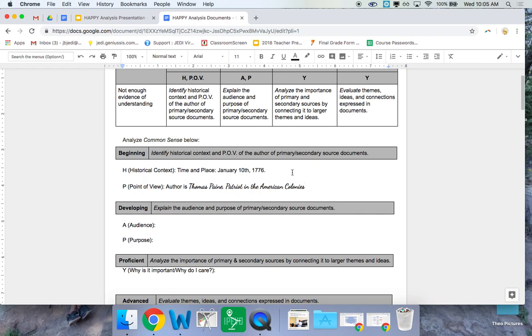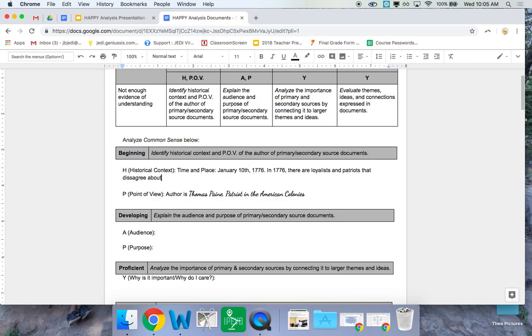To put it into historical context, I know in 1776 there are loyalists and patriots that disagree about, oops, I better check my spelling there, that disagree about what the colonies should do with Great Britain.